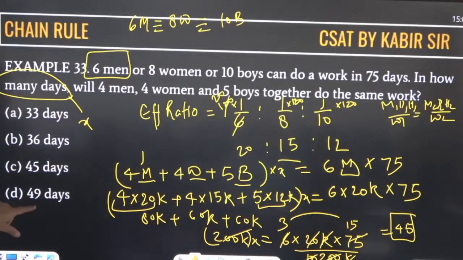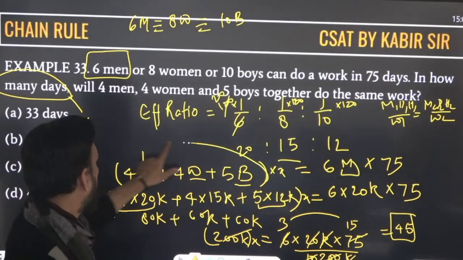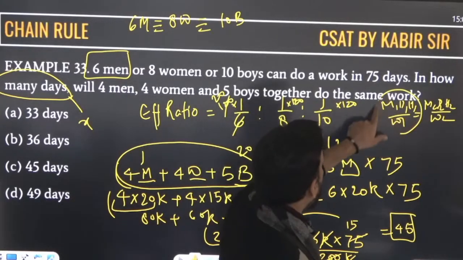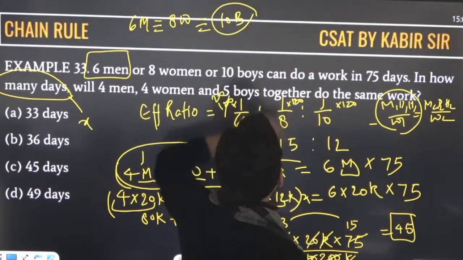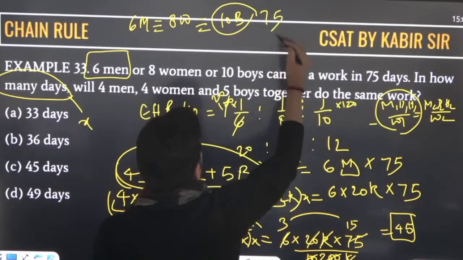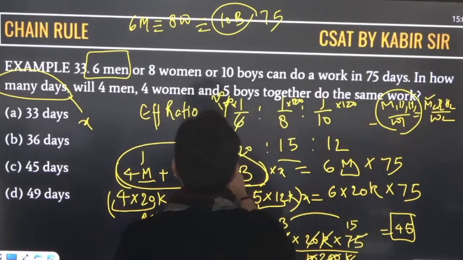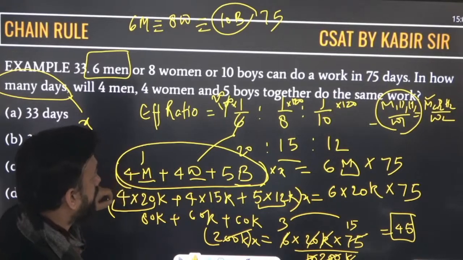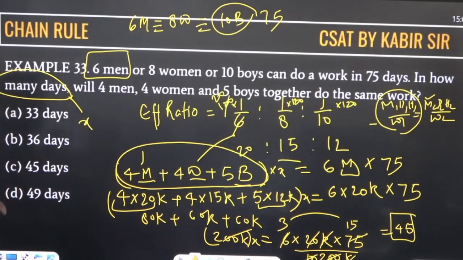So this whole thing will get converted into boys. Here in M1 D1 H1 you consider only boys, 10 boys. They can complete the work in 75 days. This side, the M2 side, this thing will come and you will convert this into boys, right? And you have to find days. So are you getting how we can use that thing, Niharika?